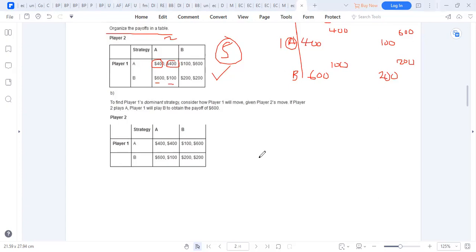So if player 2 takes strategy A and player 1 takes strategy B, the payoff will be as follows. So here is just a replica of this table.